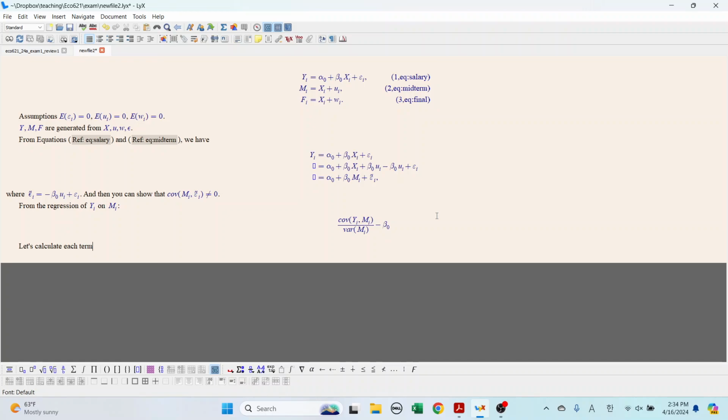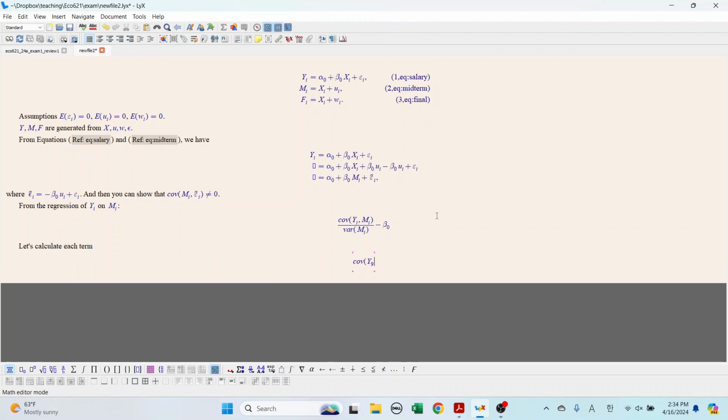Covariance between y and m can be written using this equation again, right? You use this equation again because of this endogenous variable, use that equation to replace y, something like this.